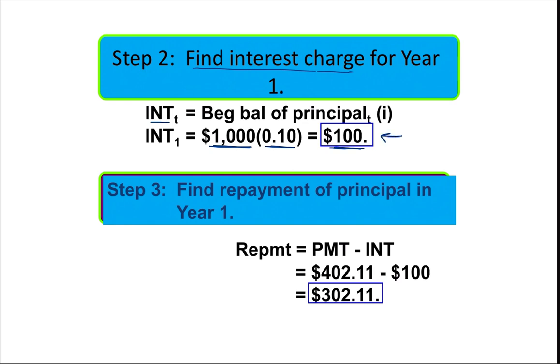How much of our payment then goes towards principal? We take our original payment amount, $402.11, which we found on the previous slide, and subtract the interest charge that we just calculated above, and we have a principal payment of $302.11.